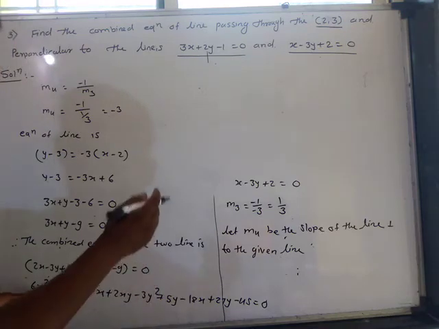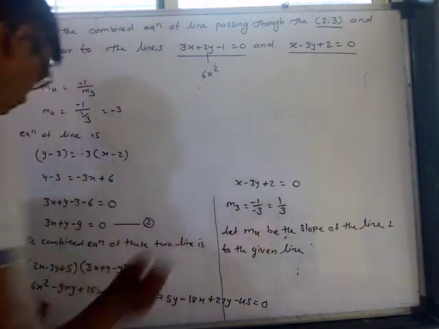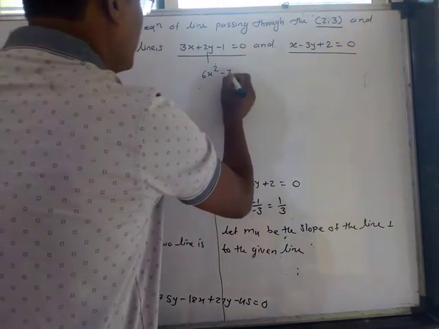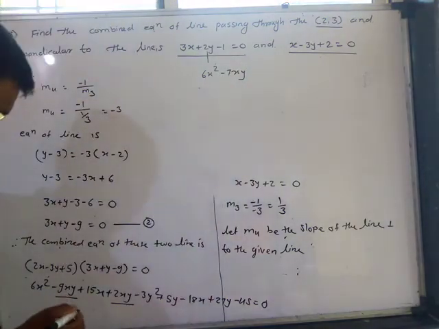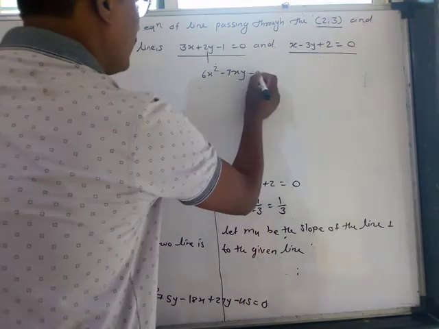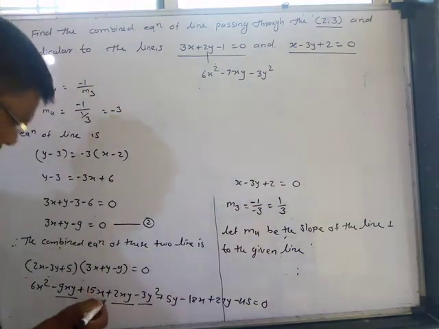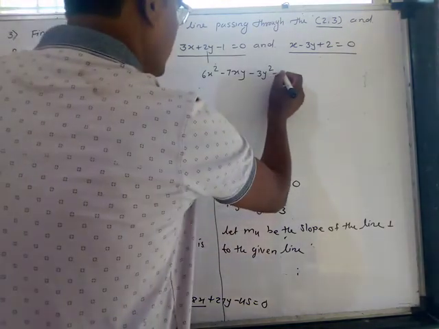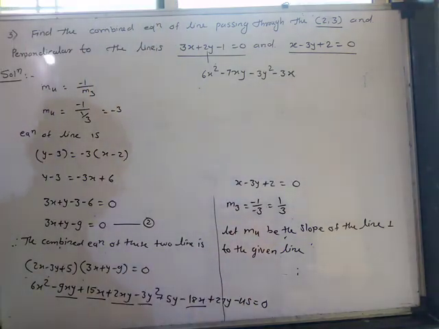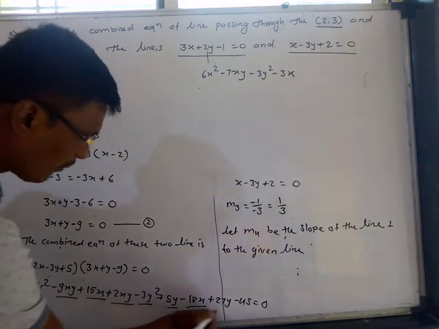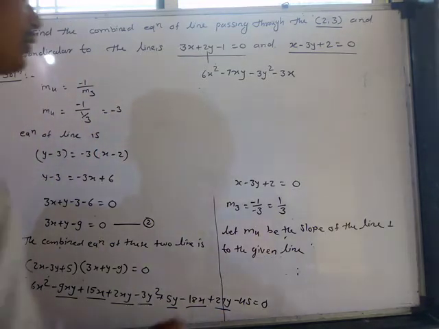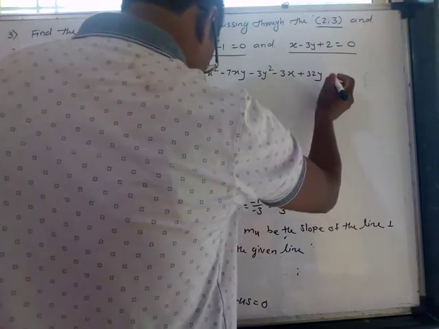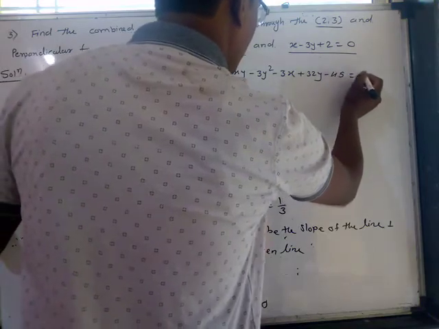So 6x square, then minus 9xy plus 2xy, that is equal to minus 7xy, then minus 3y square, then this is plus 15x minus 18x, that is equal to minus 3x, then again plus 5y and plus 27y, so this is equal to plus 32y, and therefore minus 45, and this is equal to 0.